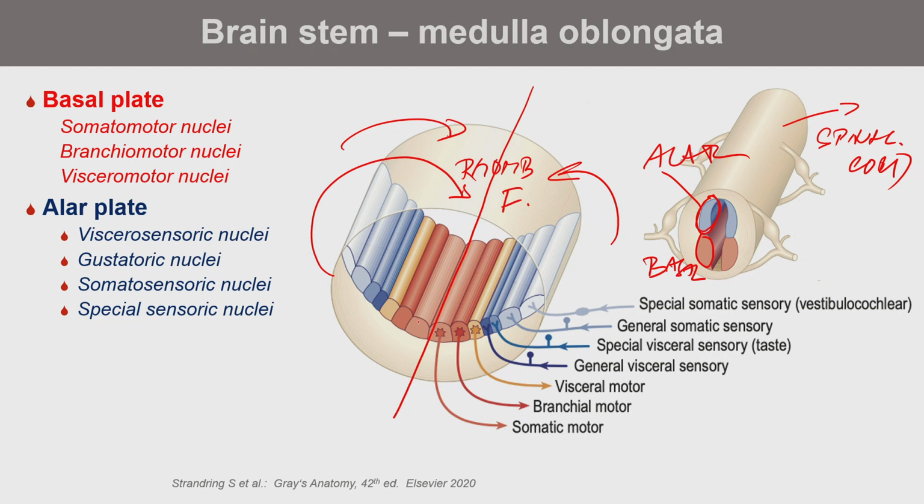3 lines of motor, like here, somatomotor, branchiomotor. What is a somatomotor? Somatomotor is also something which could be called skeletal muscles, so striped muscles, and those structures correspond to the motor innervation of head muscles.